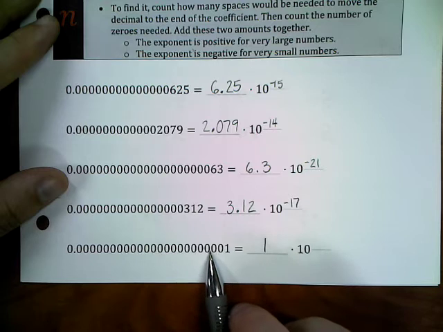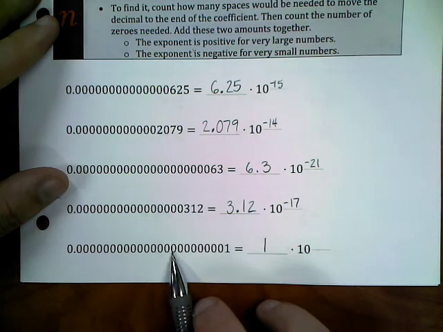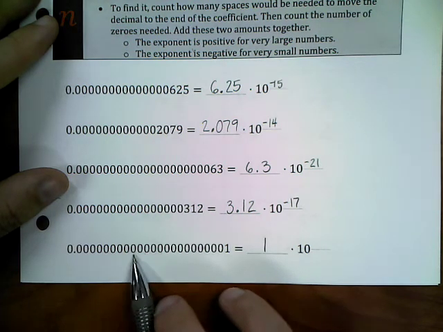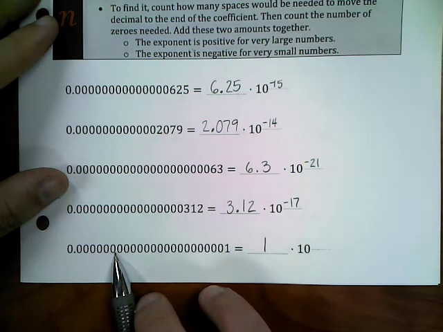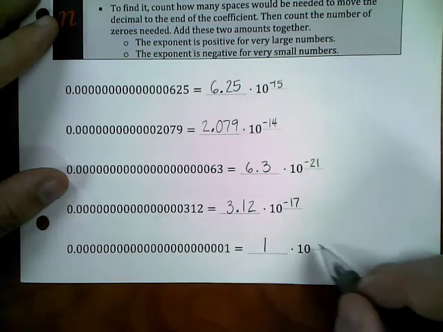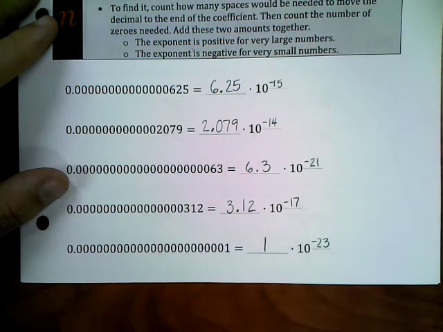Once, twice, 3 times, 4, 5, 6, 7, 8, 9, 10, 11, 12, 13, 14, 15, 16, 17, 18, 19, 20, 21, 22, 23. Ladies and gentlemen, I would recommend that you sometimes actually go back and double count one more time.